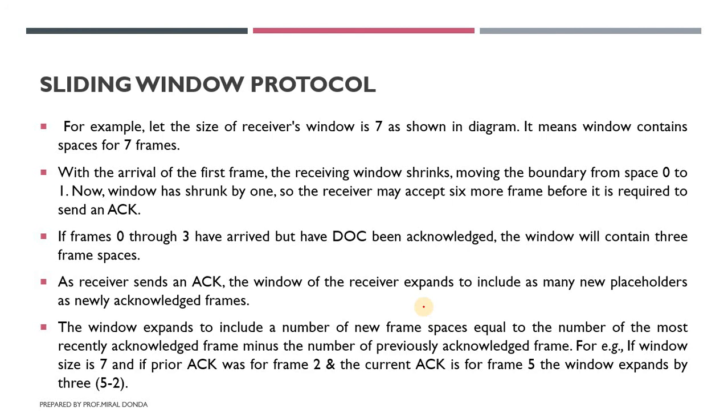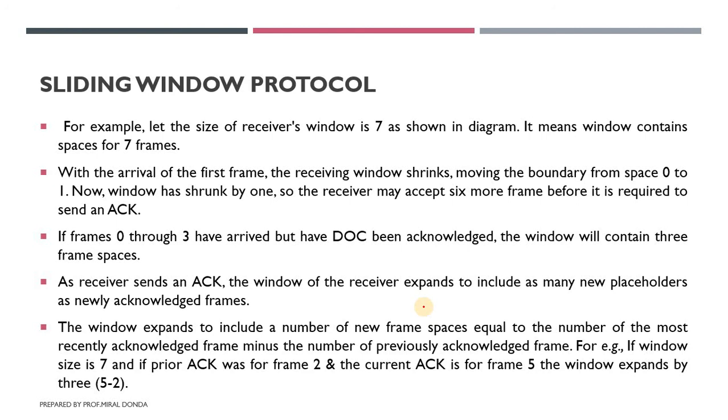As the receiver sends an acknowledgement, the window expands to include as many new placeholders as newly acknowledged frames, equal to the most recently acknowledged frame minus the previously acknowledged frame.